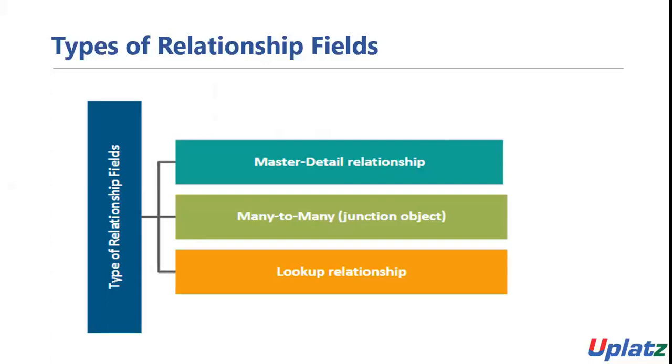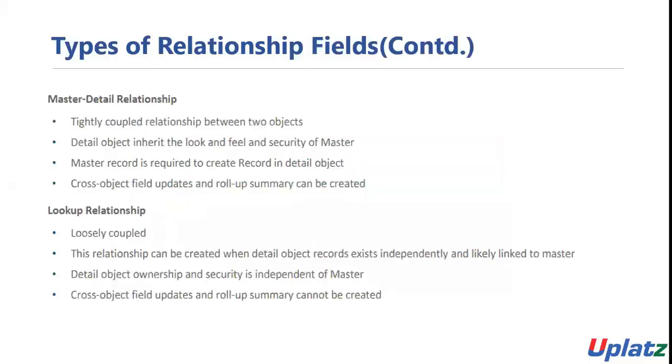Or the third thing is we can create an object with two master detail relationships, and that object is called a junction object that we use to create many to many relationship. To create many to many relationship between two objects, we need to create a third object with two master detail relationships. We'll do this in action in our later modules.